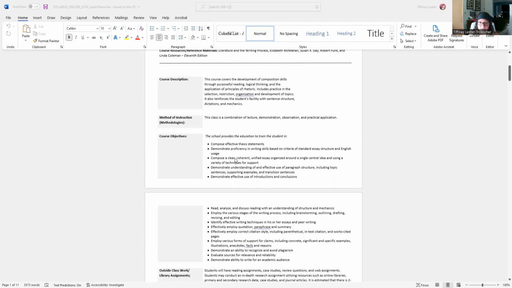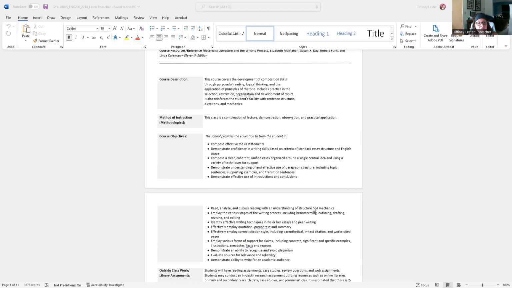So composing an effective thesis statement, demonstrating proficiency in writing skills based on criteria of standard essay structure and English usage. Composing a clear, coherent, unified essay organized around a central idea and using a variety of techniques for support.